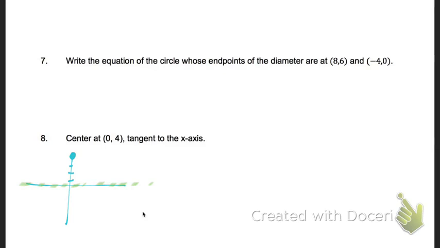So imagine my circle going, that's a beautiful circle. If it's tangent to the x-axis and my center is here, what point is it going to touch on the x-axis? 0, 0. So then you'll use that to find your radius.